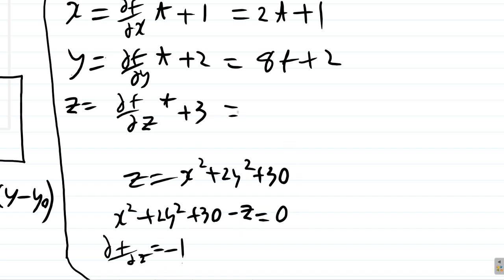But generally, you will have it as negative 1, right? So it's negative t plus 3. So that's what you have in parametric form. X is 2t plus 1, y is 8t plus 2, z is negative t plus 3.